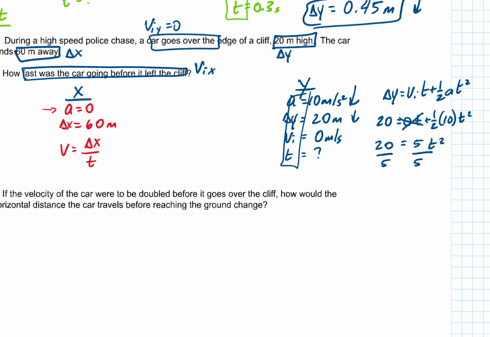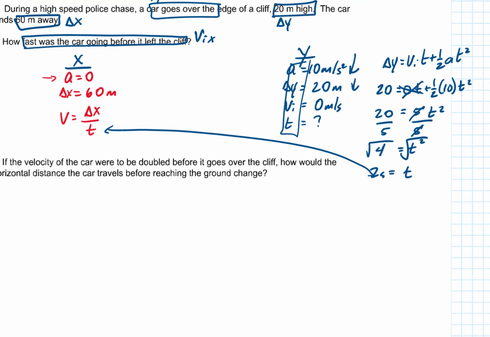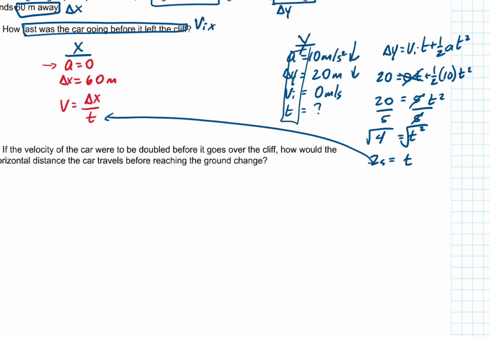We'll divide both sides by 5. I get t squared is equal to 4. Square root both sides, and t comes out to be 2 seconds. So we'll plug that in over here, and we see that the velocity is equal to 60 meters divided by 2 seconds, or 30 meters per second. That's how fast the car was going.